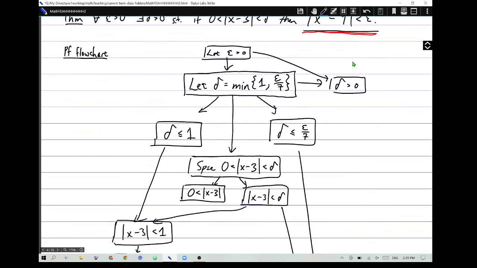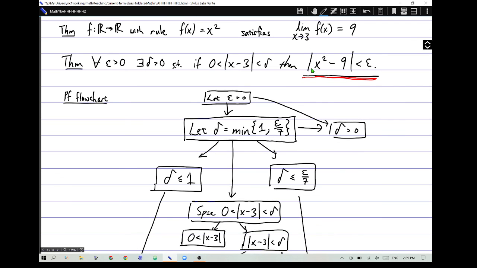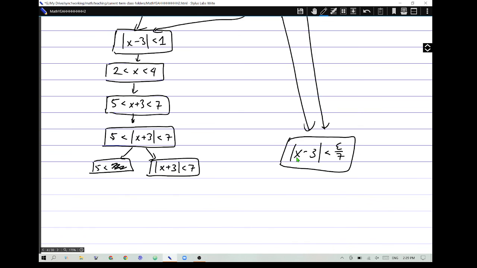Remember what we were trying to prove was absolute value of x squared minus 9 is less than epsilon. So I'm going to just write down absolute value of x squared minus 9 down here. Absolute value of x squared minus 9. That is equal to absolute value of the factorization x plus 3 times x minus 3.